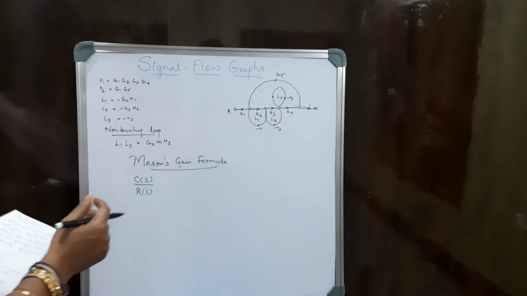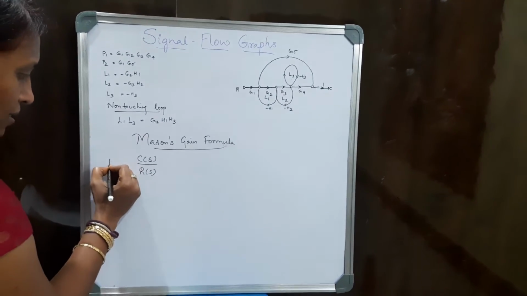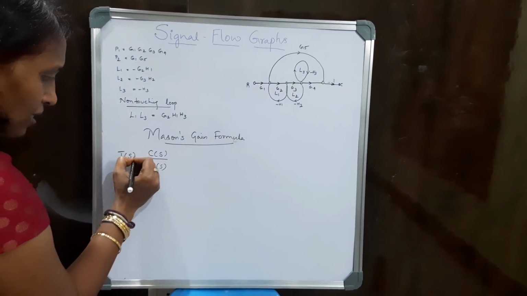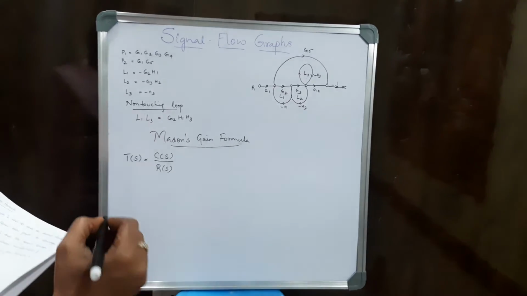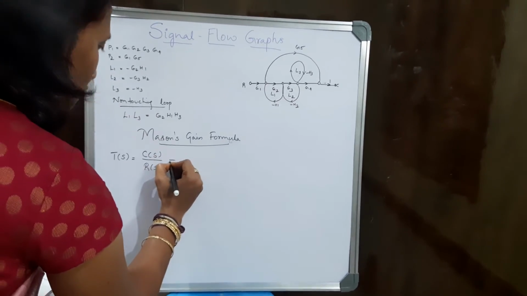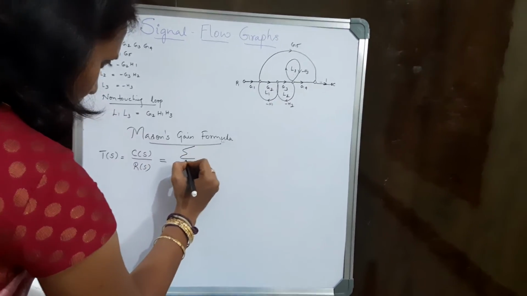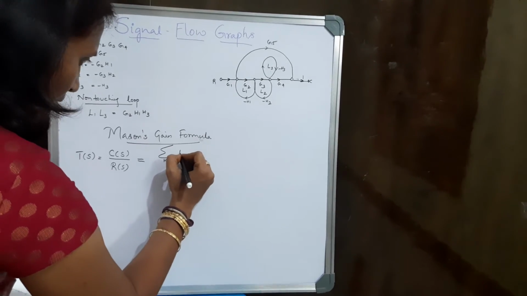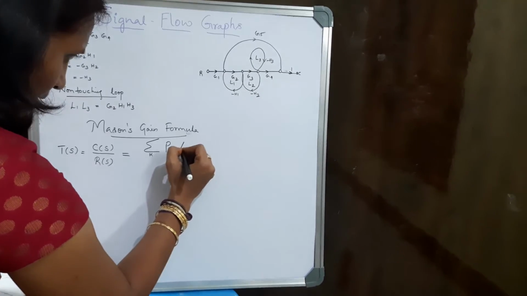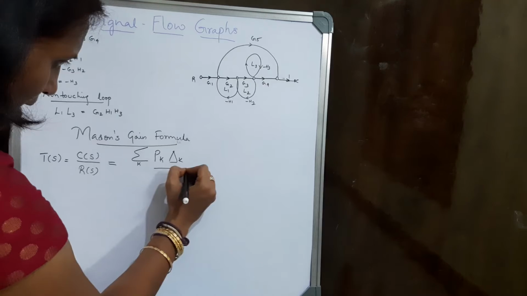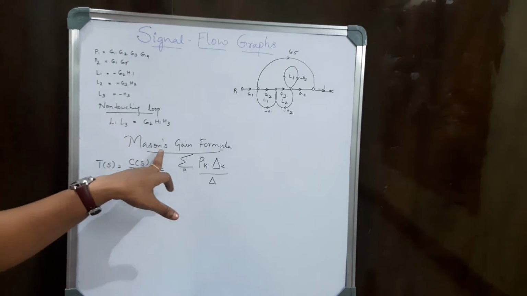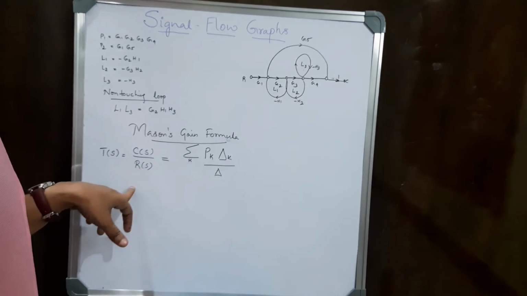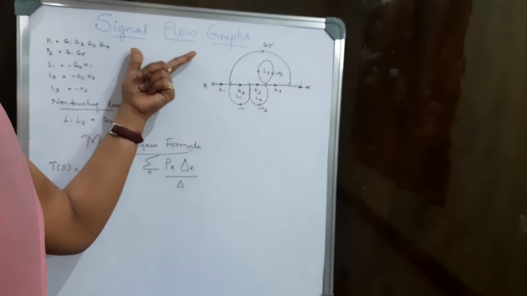So mathematically, the transfer function, which is denoted as T of S, which is the ratio of C of S by R of S, is defined as summation for all values of K, Pk delta K by delta. This is the formula which is given by Mason to find out the transfer function using signal flow graph.